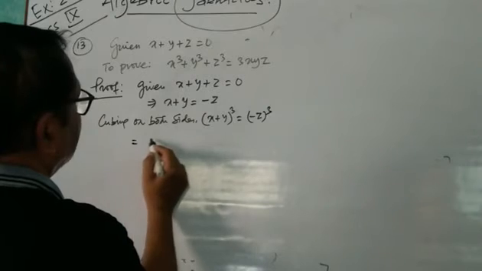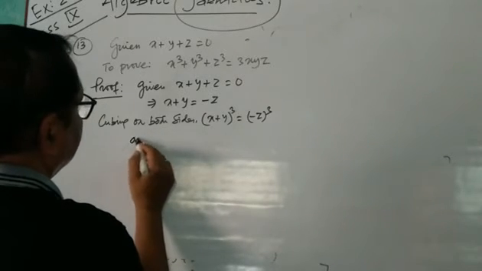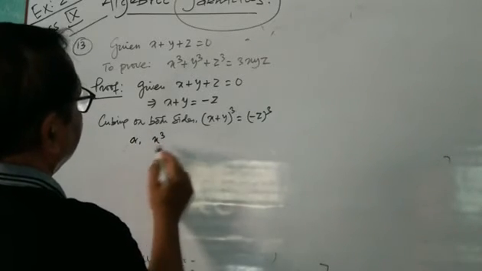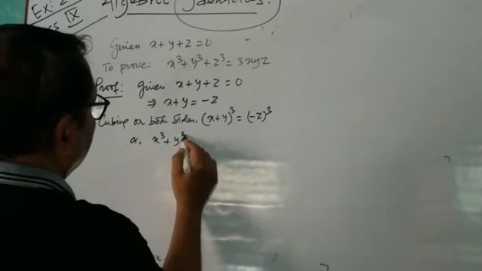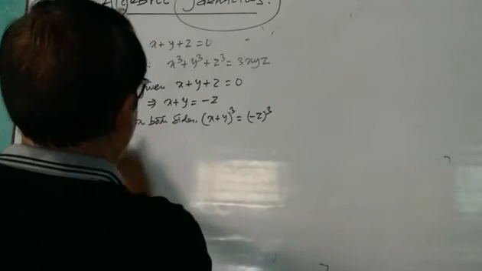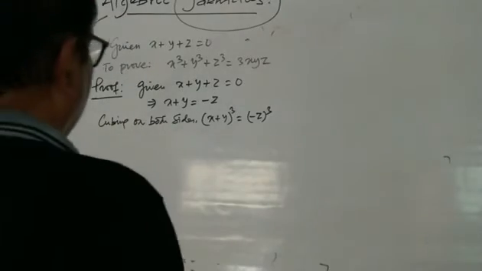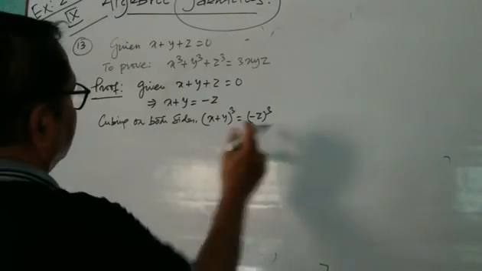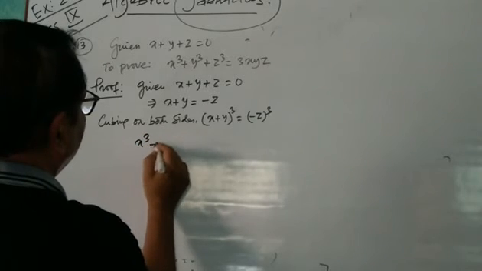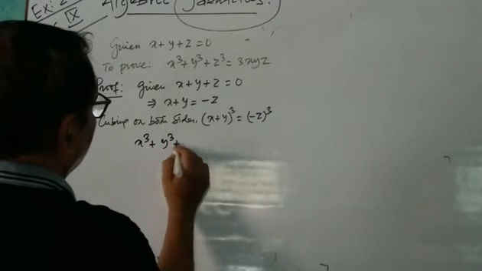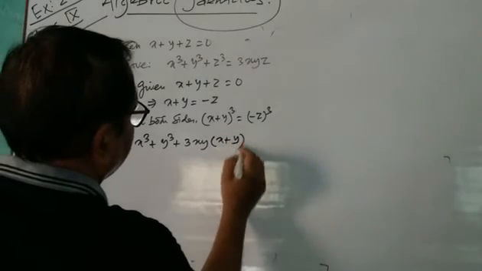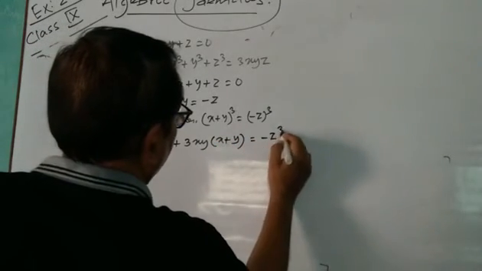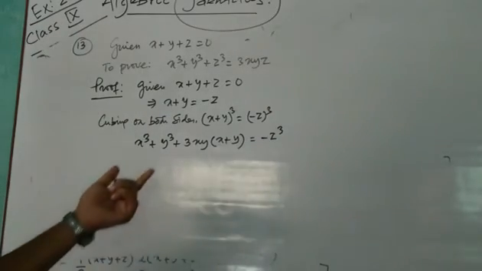You will write it as x cube plus y cube plus 3xy into (x plus y) is equal to minus z cube. Bring this minus z cube on this side.